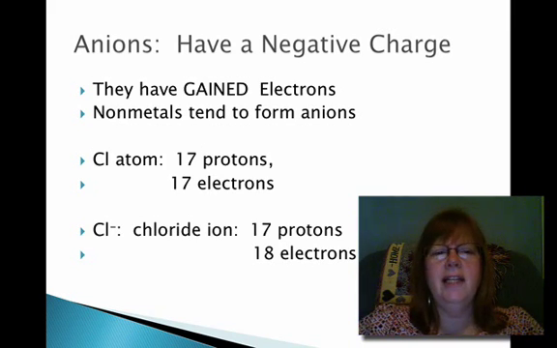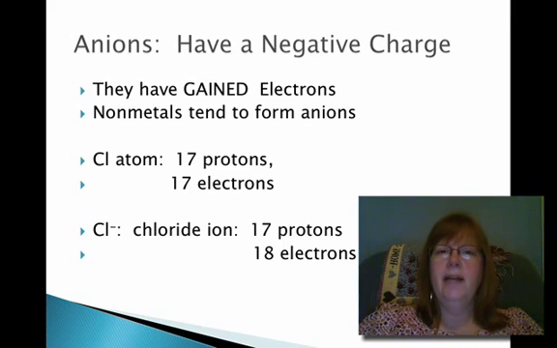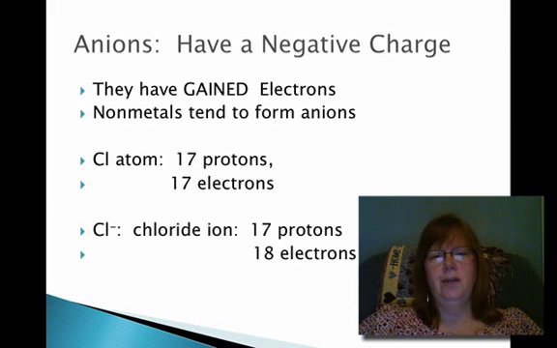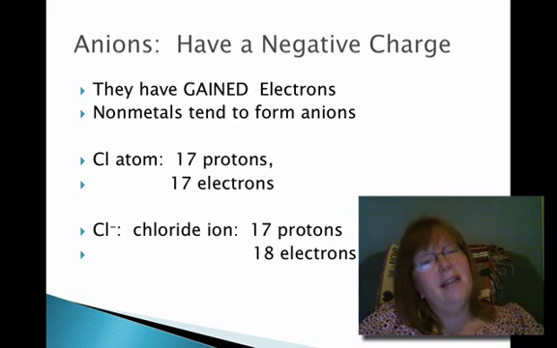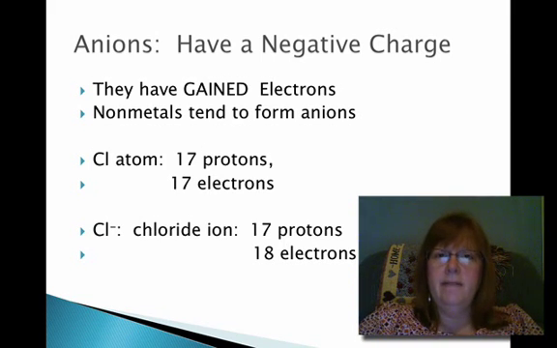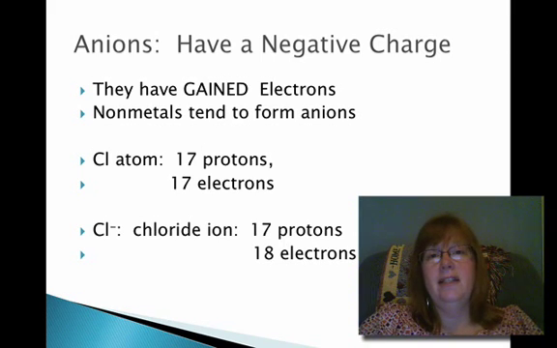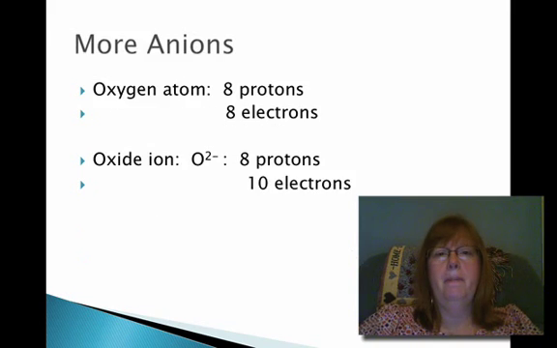It's not chlorine, it's chloride. We give it the "ide" ending when we add some electrons to it. It still has 17 protons, but the chloride anion has gained an electron, so it has 18 electrons. And that extra electron gave it a negative charge.